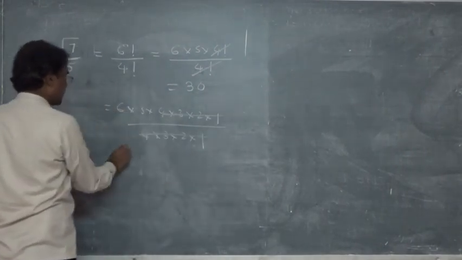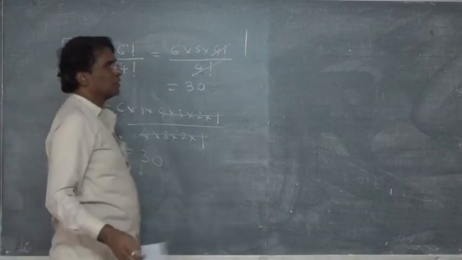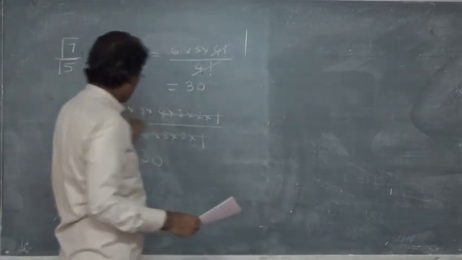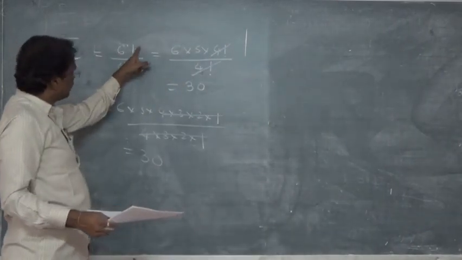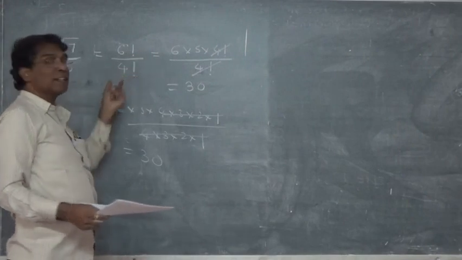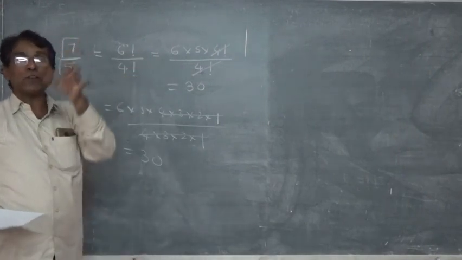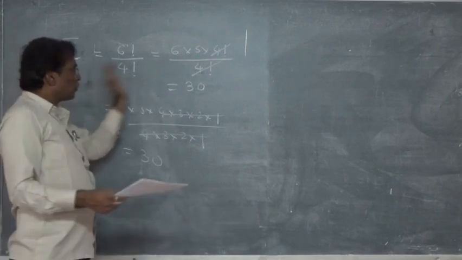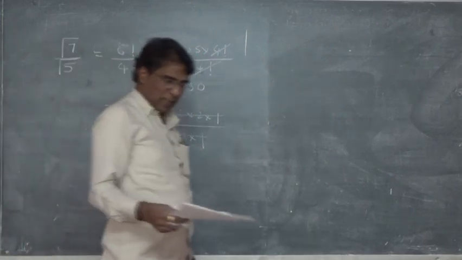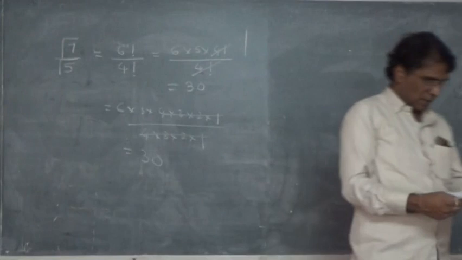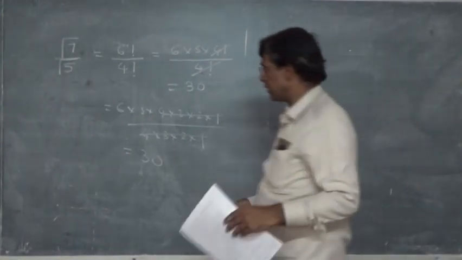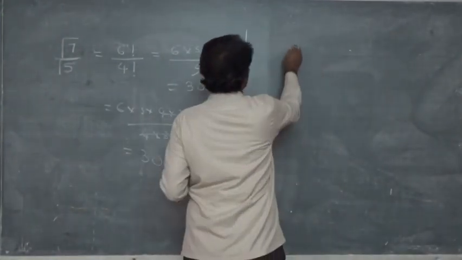So this and this get cancelled. Answer is 30. Why do all these things in detail? Once it comes to 4 factorial, we should stop here because already there is 4 factorial in the denominator. That 4 factorial and this 4 factorial are going to get cancelled. So now this is 6 into 5, 30. Next problem.